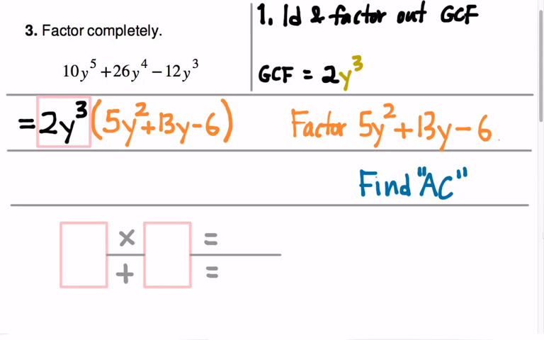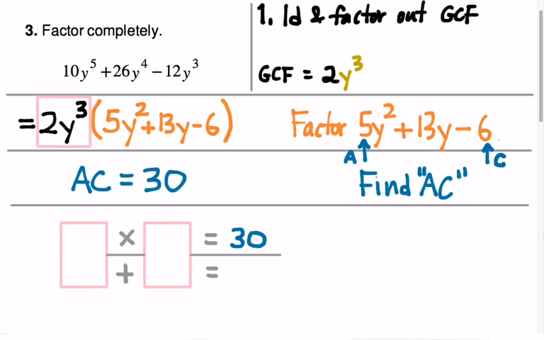AC, quote unquote. A referring to the coefficient of the quadratic term, C referring to the coefficient of the constant term. And if we multiply the two of those together, what did you get? 30. All right. AC is equal to 30. Now what did you do with that number? I found two numbers that multiply into it.